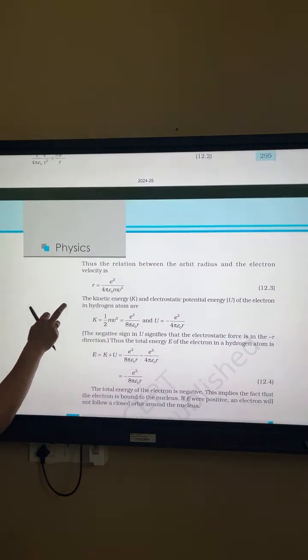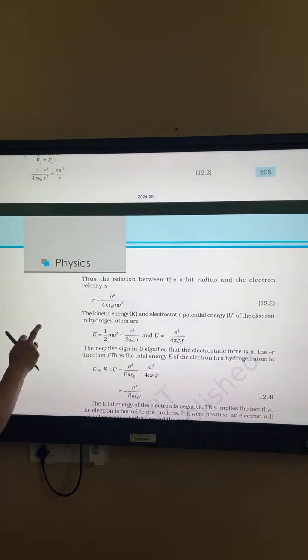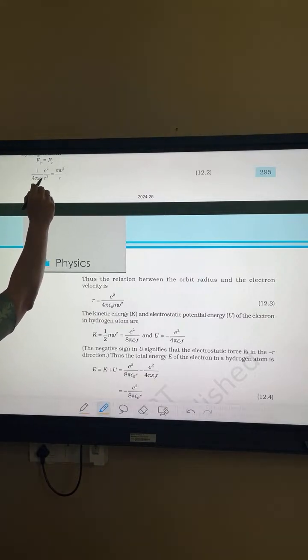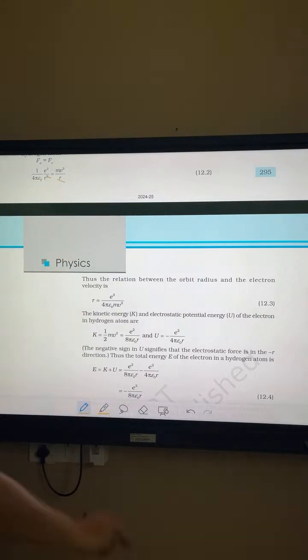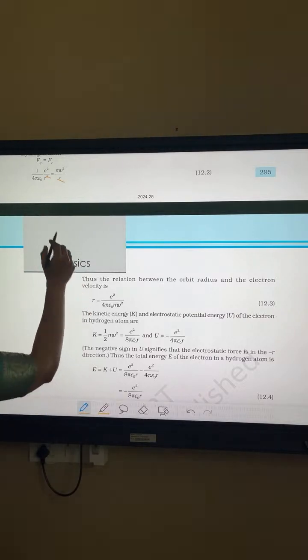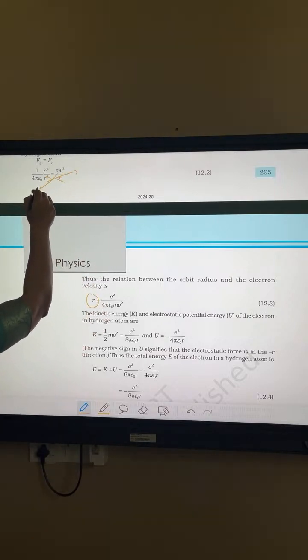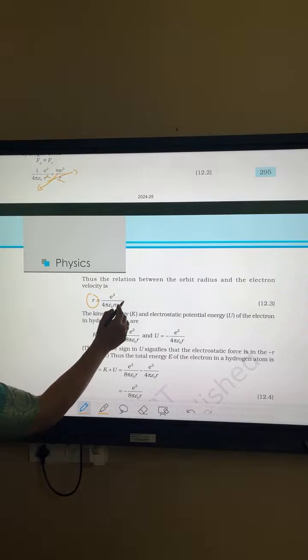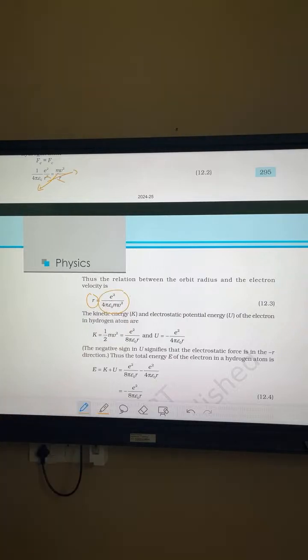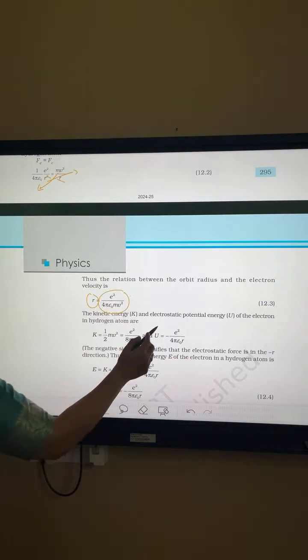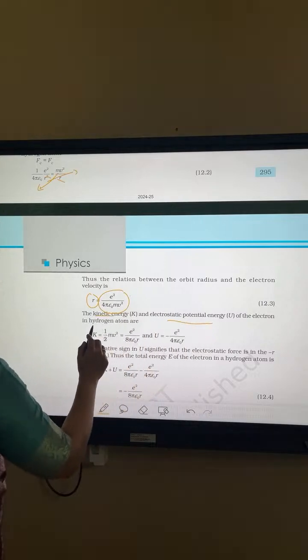So from this calculate r now. One r gets cancelled. Keep this r on the right side, and bring mv square to the left side. So we know the kinetic energy and electrostatic potential energy of the electron in the hydrogen atom.